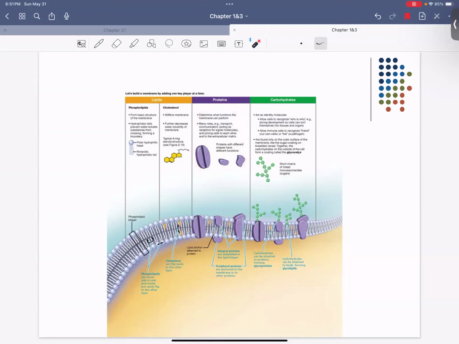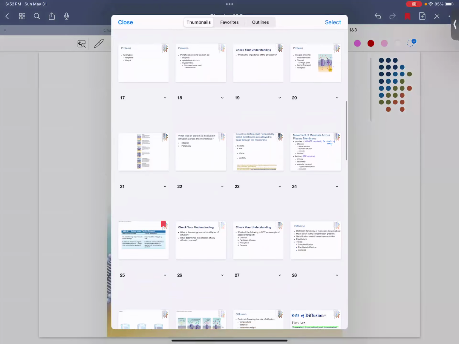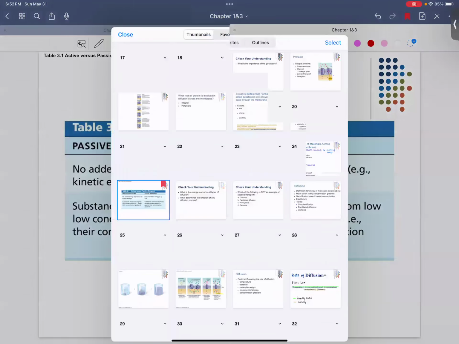Those proteins have a couple of functions, transport, for example, and you'll do a lab this week where you learn about cell transport mechanisms. So that's the next topic. Make sure you know the key differences between active versus passive transport mechanisms.